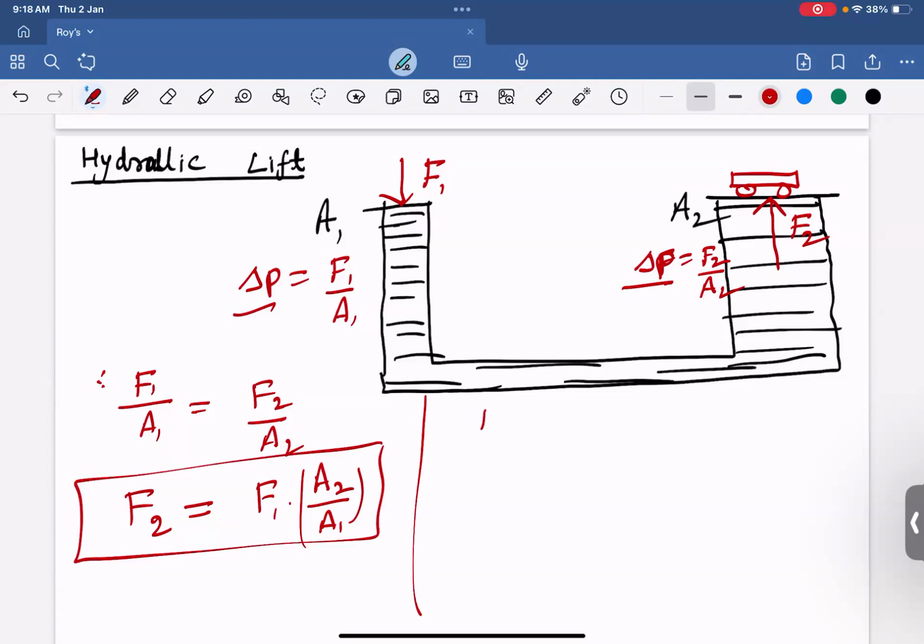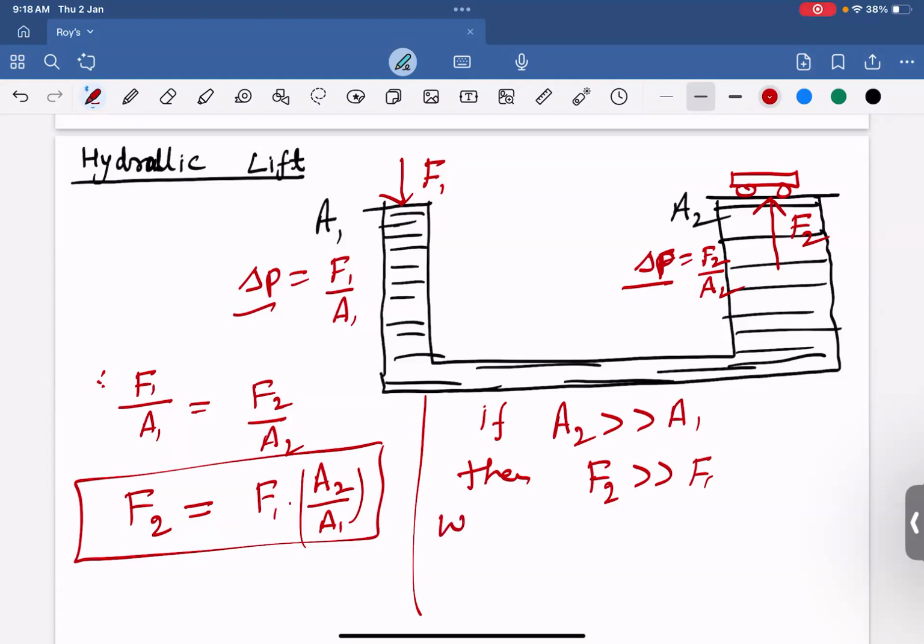So if I say that A2 is far, far greater than A1, then you can see that this fraction will also be greater. Then F2 will also be far, far greater than F1.